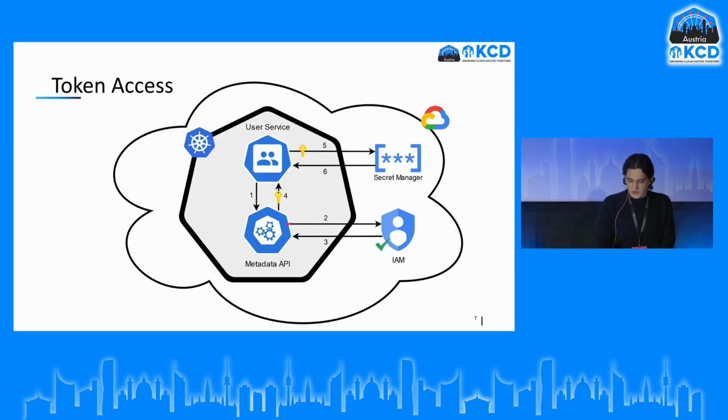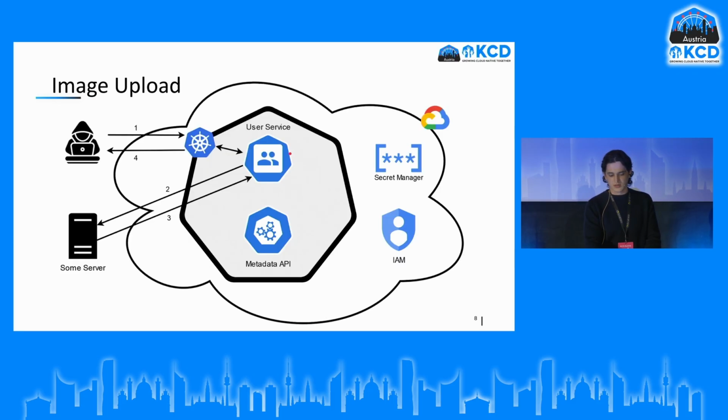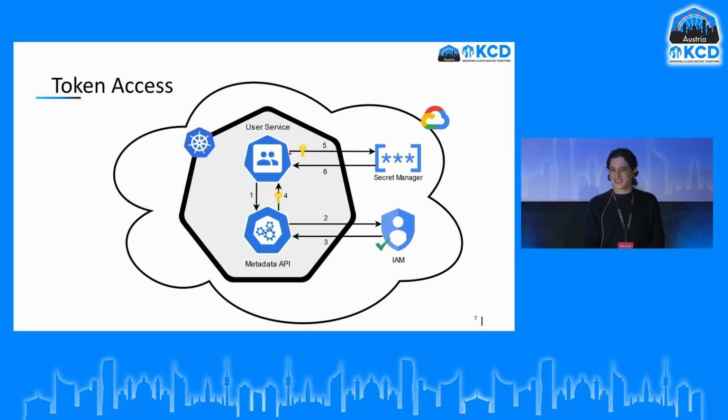This is very simplified, but the metadata API, upon getting the request for a token, basically just checks: does this pod actually have access to the secret manager? If it does, it returns the access token, and with that, the user service can request the value of the secrets it needs.